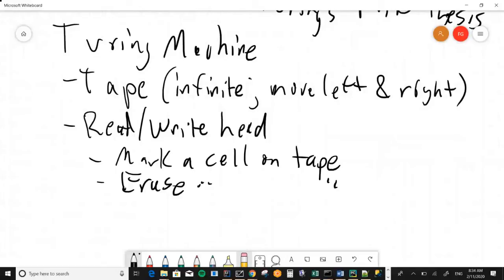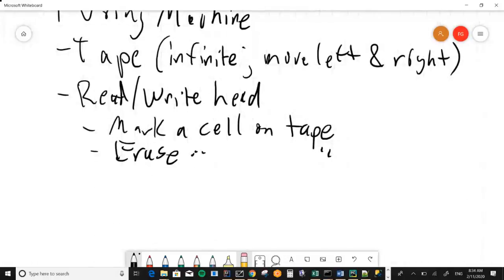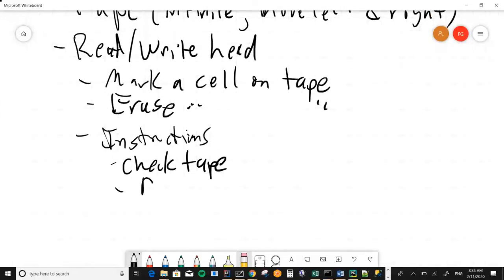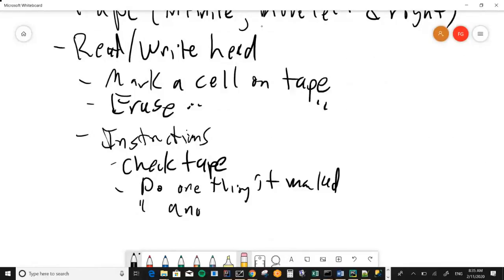And that's it. And then it's got some notion of instructions, based on checking the tape: do one thing if marked, and do another thing if empty. So that's it.